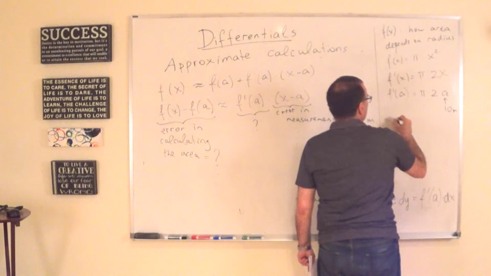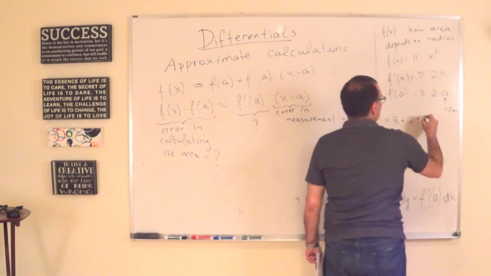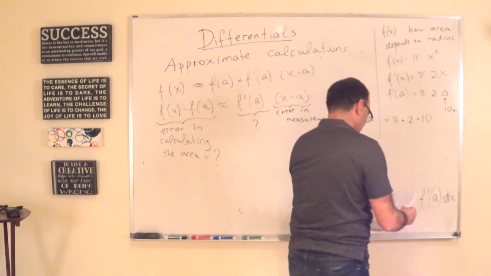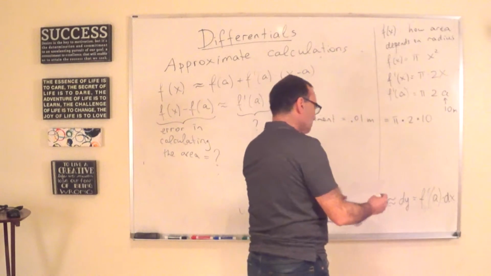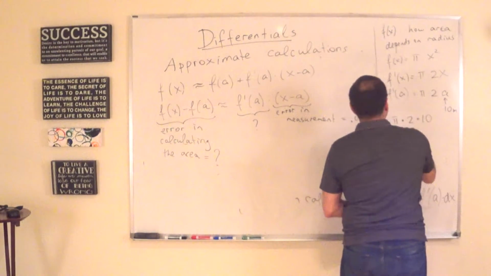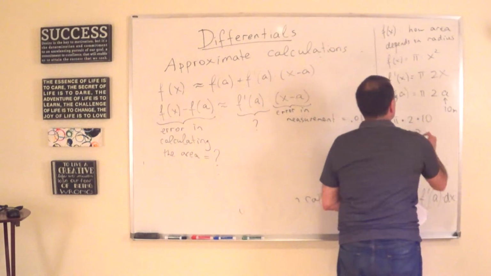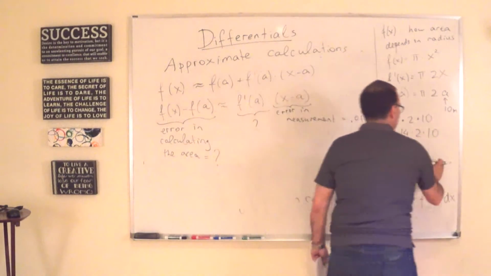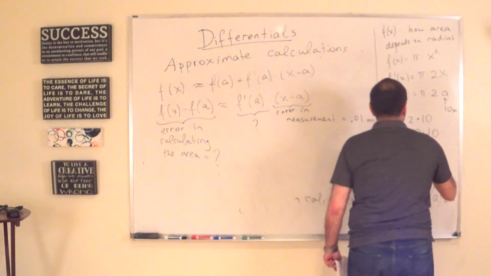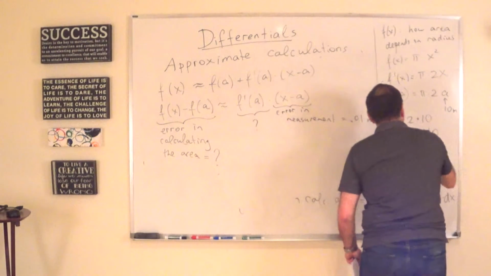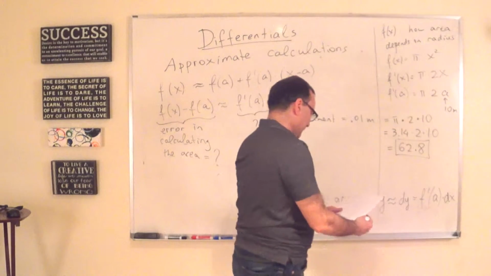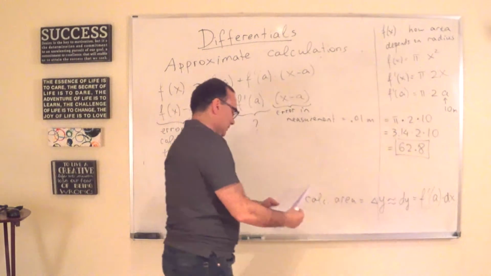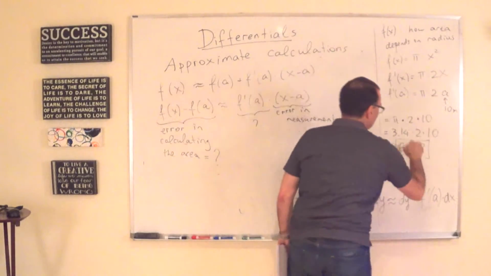So what we got is pi times 2 times 10 meters, which, since pi is 3.14, 3.14 times 2 is 6.28, times 10 is 62.8. So that's f prime of a.